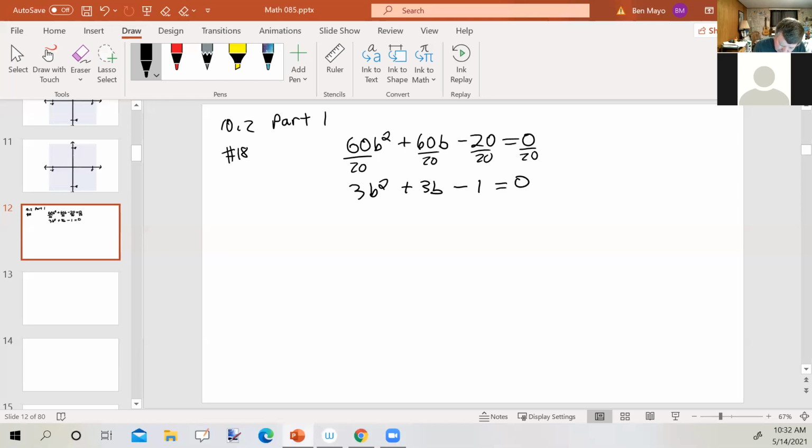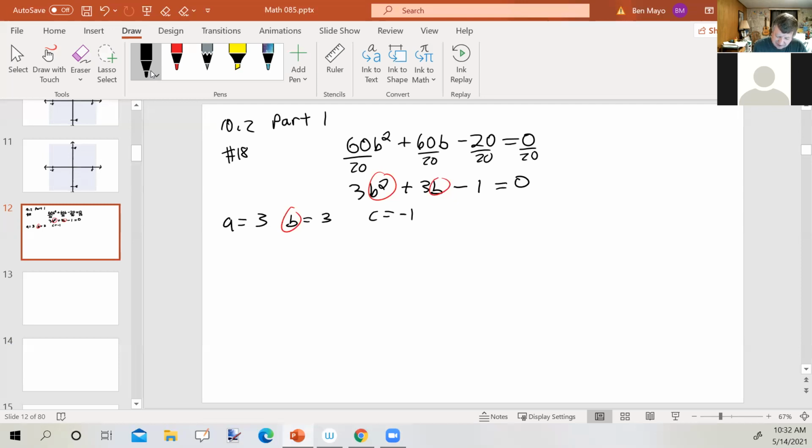So now we have a equals 3, b equals 3, and c equals -1. Now, be careful. This b and this b are not the same. The b that's in the equation is the variable in the equation. The b that's down below just stands for the coefficient of the linear or first degree term. So just careful with that. All right, now we're solving for b rather than x.